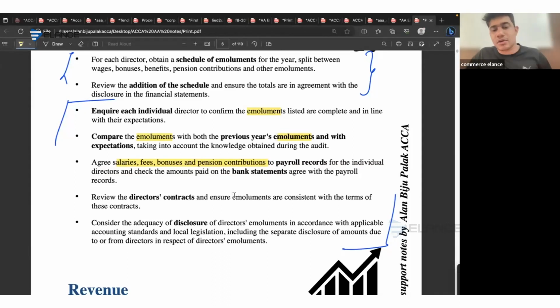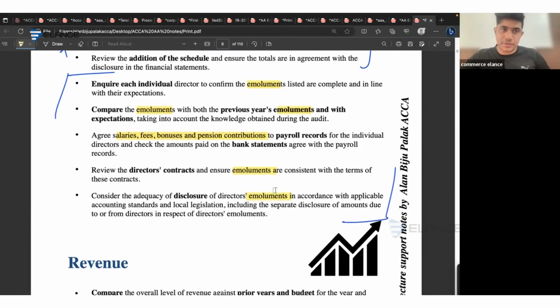Review the director's contract and ensure pension contributions are consistent with the terms of this contract. Consider the adequacy of the disclosures for directors' pension contribution in accordance with applicable accounting standards and local legislation, including separate disclosure if it demands the amounts in respect of the director's pension contribution. So this is how you have to provide the points.